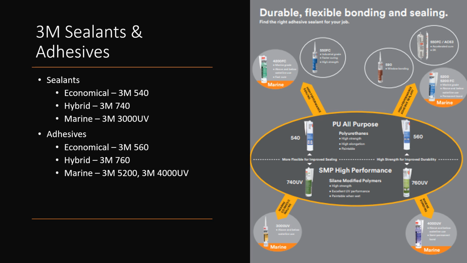For applications that have a higher need for UV resistance, 3M has the 740 UV sealant and the 760 UV adhesive sealant. For more demanding applications or marine applications, 3M has the polyurethane 5200 adhesive sealant and their SMP version, the 3M 4000 UV adhesive sealant.